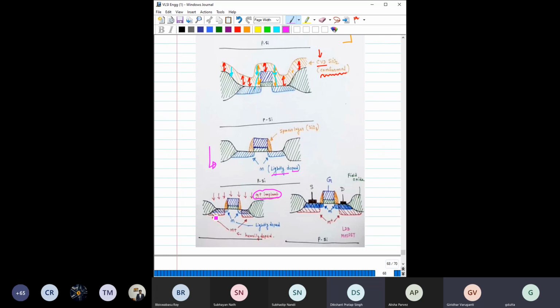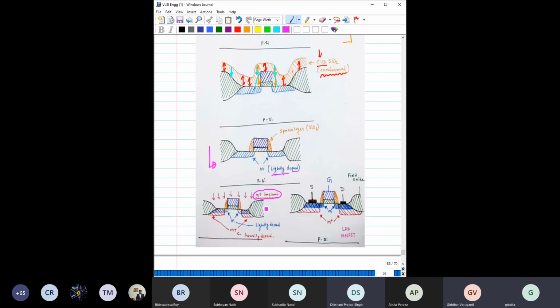As a result, the doping profile looks like this. This region becomes heavily doped N plus, and the region that was lightly doped earlier remains lightly doped here. So this region is lightly doped, and this is heavily doped.